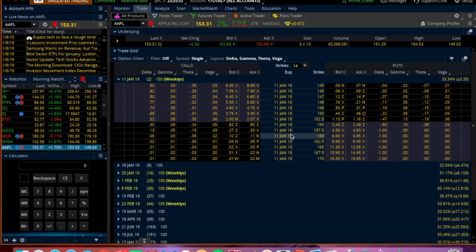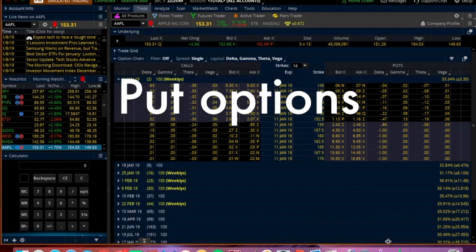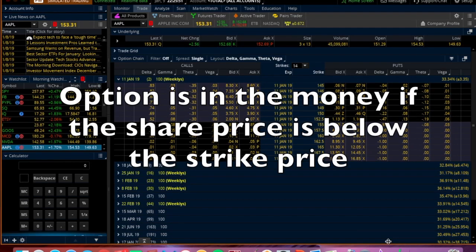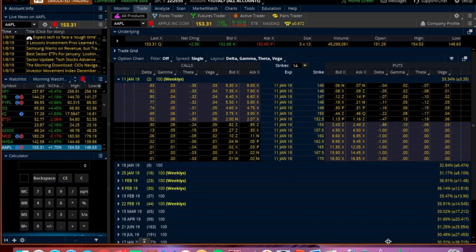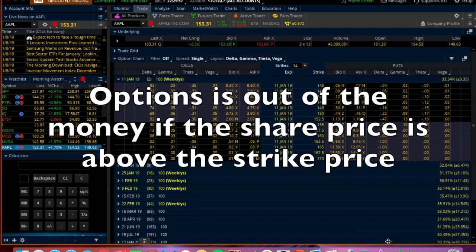One way to remember calls and puts is call up and put down. If you're buying a call, that means you want the price of a particular company to increase in value. Alright, so now for put options, the option is in the money if the share price is below the strike price. The option is out of the money if the share price is above the strike price.